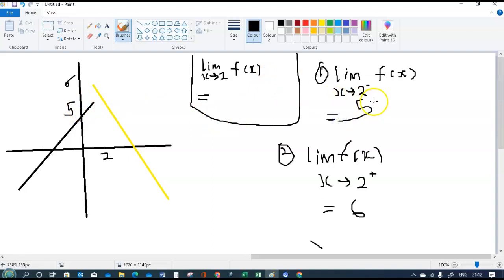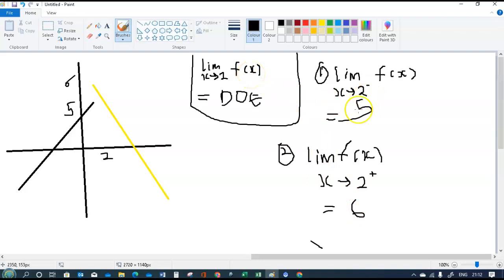Now because the limits of this and this are not the same, the answer is that the limit does not exist. But let's say we got 5 and 5, then the answer would be 5.